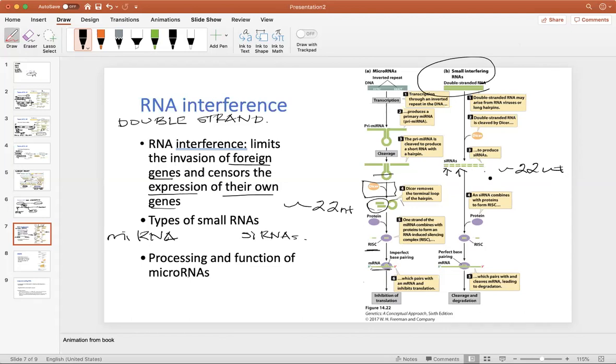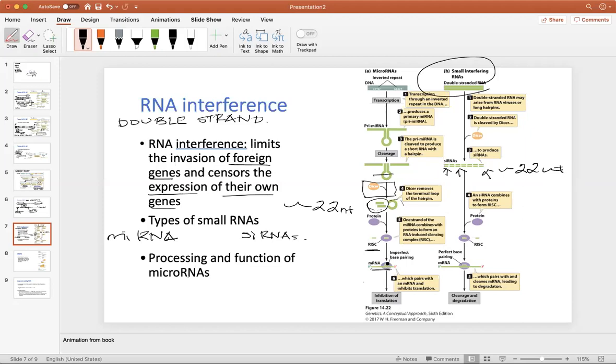Again, these are double-stranded RNA molecules, and these double-stranded RNA molecules are recognized by this RNA-induced silencing complex, or RISC. So RISC is going to recognize this. It's going to bind to one of those two strands, and then it's going to go around and try to match this strand with existing mRNA. Now, here's where it differs, as it mentions in the video.